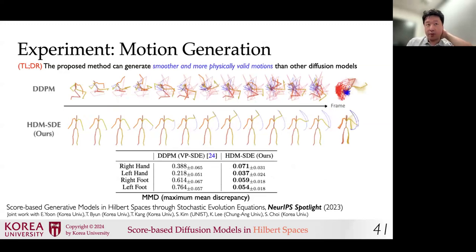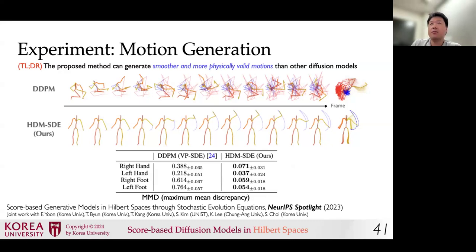The previous experiment shows one-dimensional functional generation, but we can think about a much more difficult task like motion generation, which is function generation in 3D space. So we also applied the Hilbert diffusion model to the motion generation task. Since this task requires sampling smooth and physically valid motions, it is necessary to consider the differentiable function space as a Hilbert space.